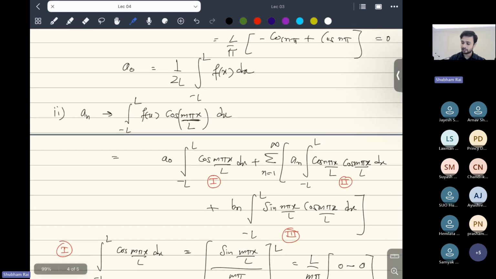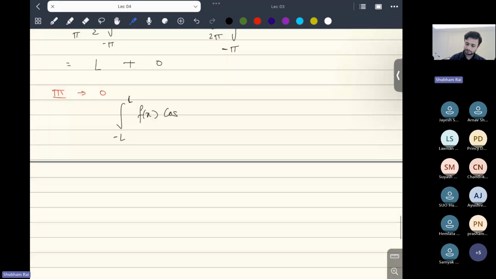Only in the case where m is equal to n is this term non-zero, right? So here also m will be equal to n. I'm just writing it here like cosine n pi x by L dx, and that is equal to an into L.